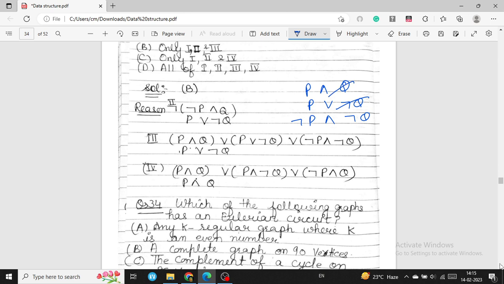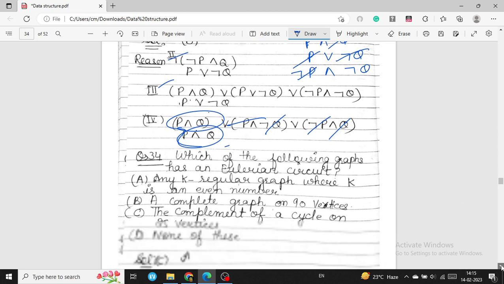This cut with this, cut with this, we find P or not Q. And from this you can also find P cut with this, cut with this, and you can find this value. So you can see first, second, third will match and the others will not; fourth will not be matching with them.